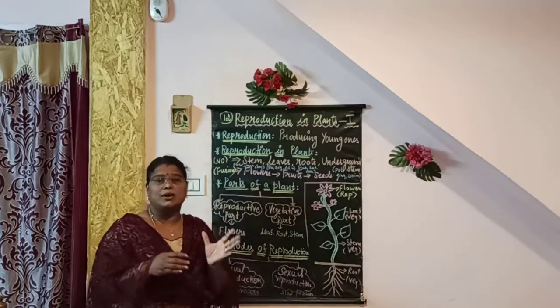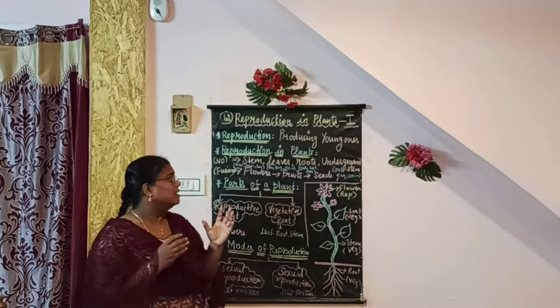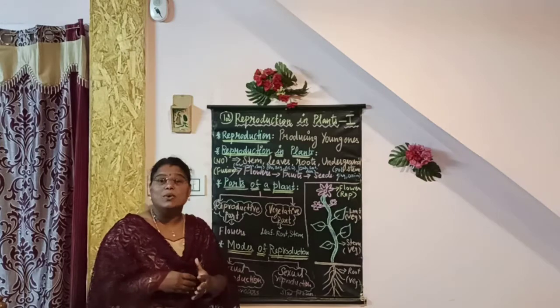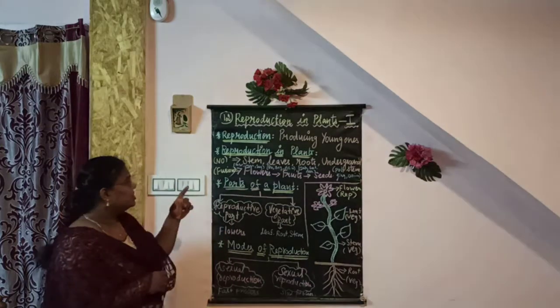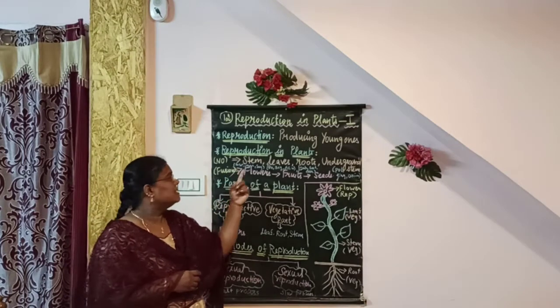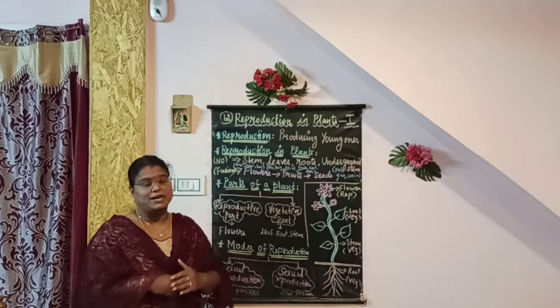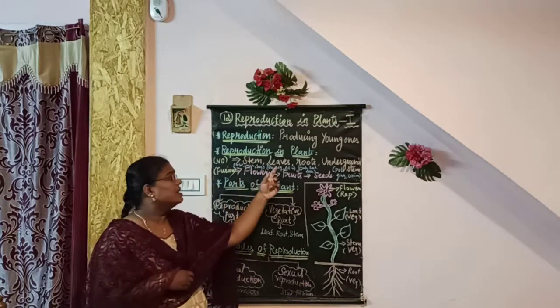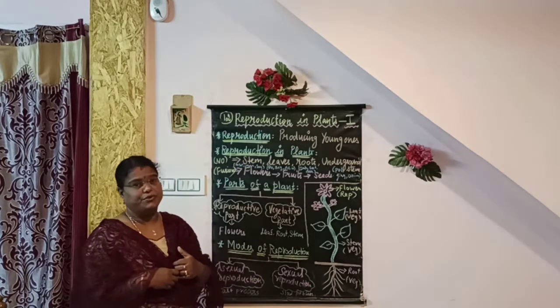In plants there are many ways and many methods in which new young ones or new individuals are formed. And children, see, in some plants the stem has the ability to produce a new plant. In some plants the leaf has the ability to produce a new plant or new individual.